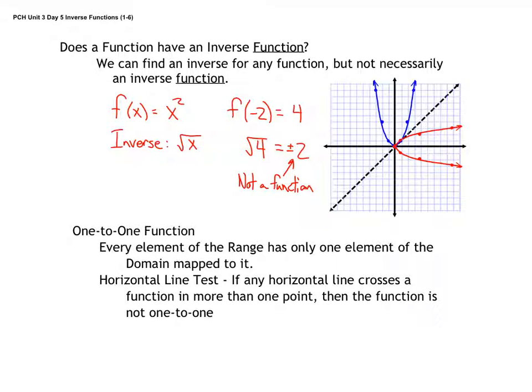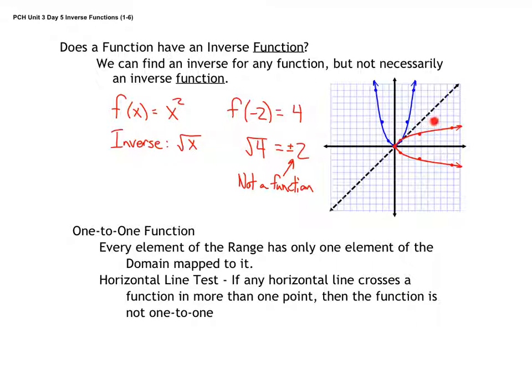Now, it's very easy to see this on the graph because we have the horizontal line test. The horizontal line test says that if we can pass any horizontal line through a graph and intersect it more than once, it's not going to be one-to-one. And if you think about it, it makes sense.